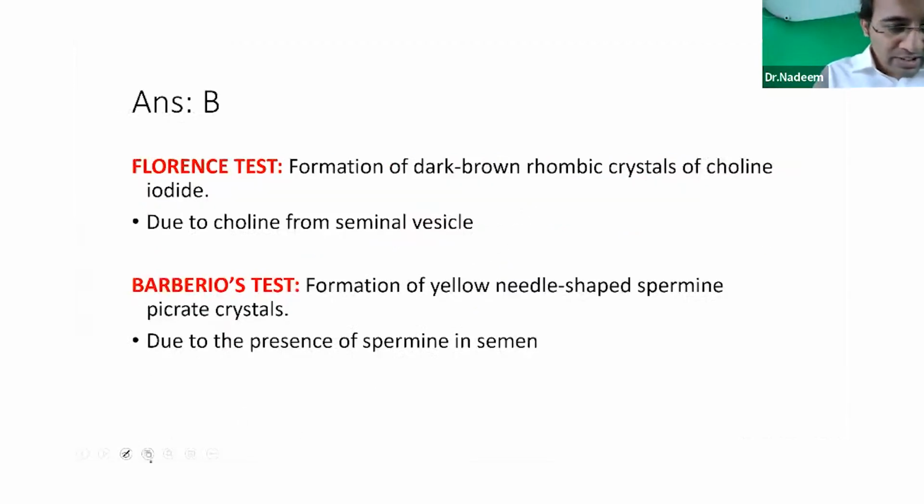See, Florence test and Barberio's test. Florence test: if you see dark brown color, brown rhombic crystals, Florence test. Brown will be there because of the choline. But if you see yellow needle-shaped crystals, Barberio.